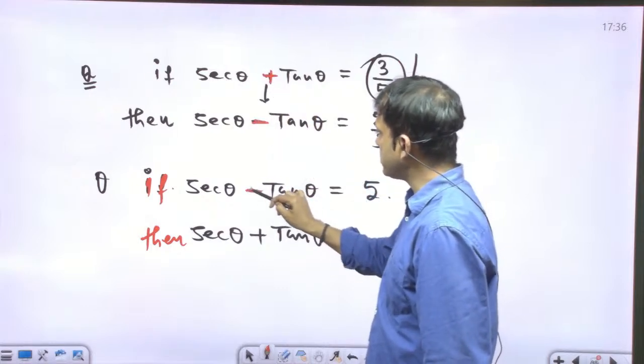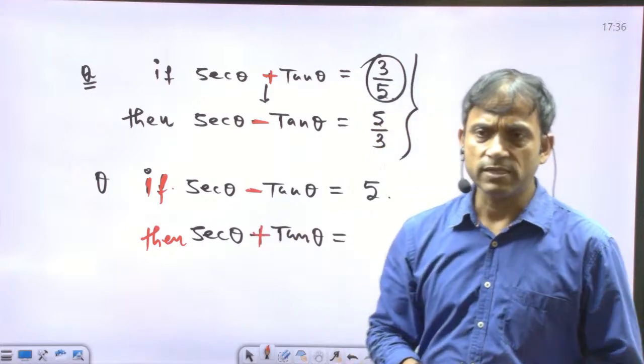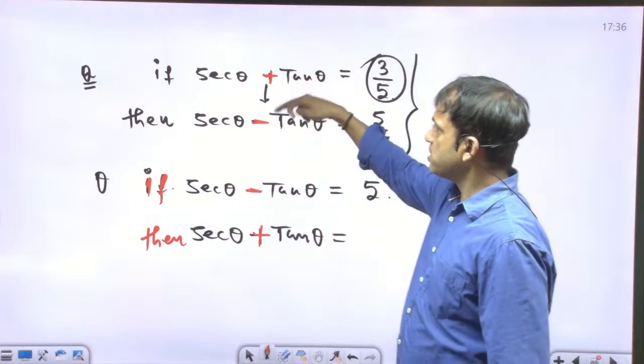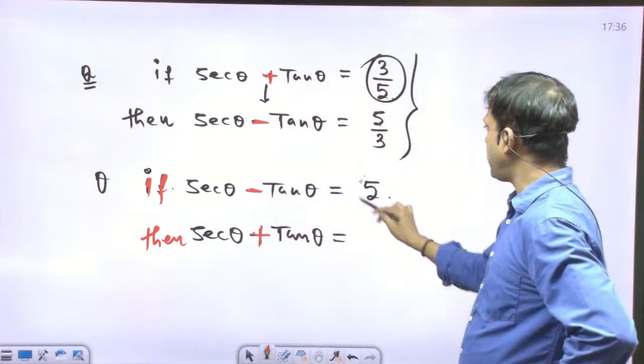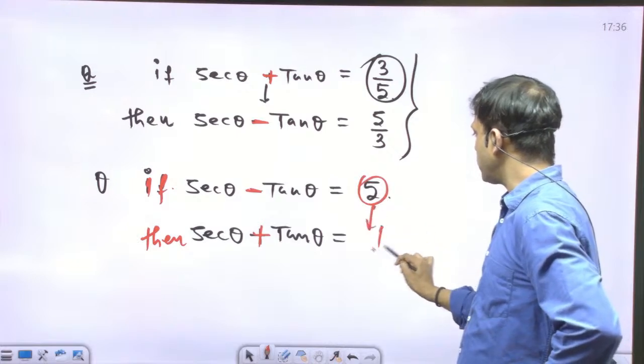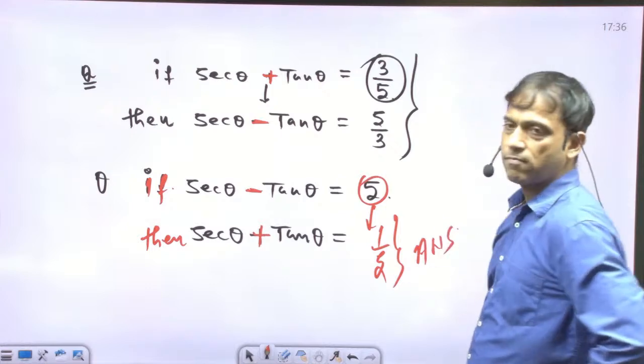In this question, the given sign is minus and the question is plus. The answer will be the same. Plus minus is okay, minus plus is also the same. Same question. If 5, then write the reciprocal of that number, that is 1 by 5. Answer.